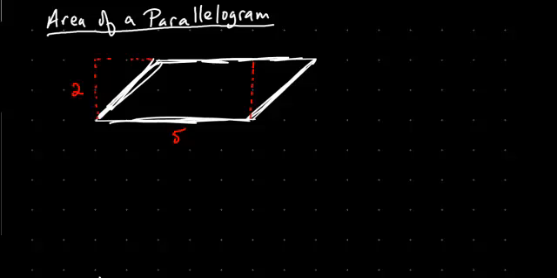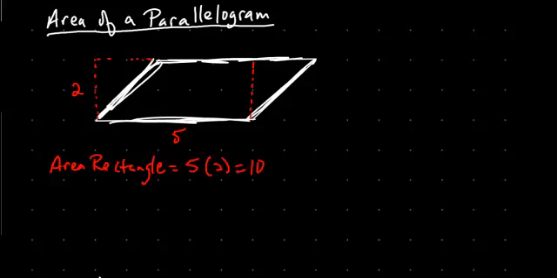The area of the rectangle in red equals 5 times 2, which equals 10, and it'd be square feet, square meters, square inches, whatever your increments of measurement are.